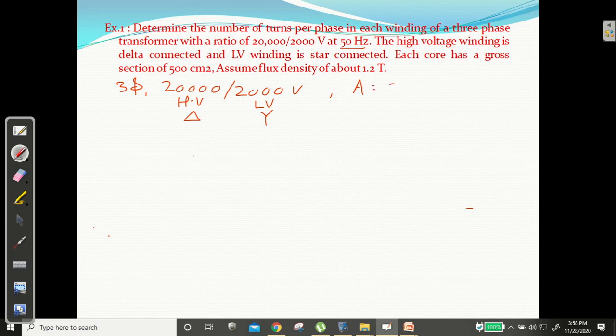Each core has a cross section of 500 centimeter square. Assume the flux density B equal to 1.2 Tesla.